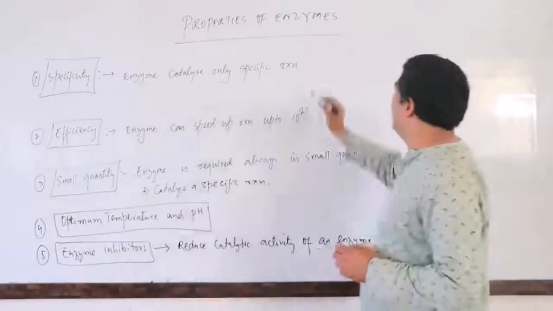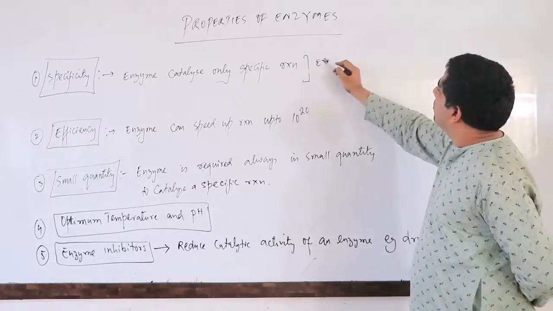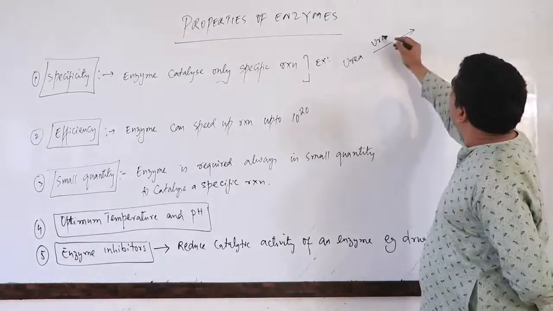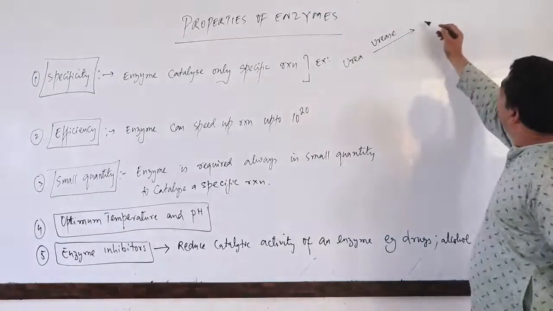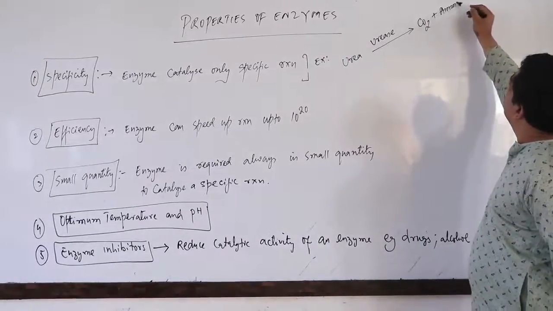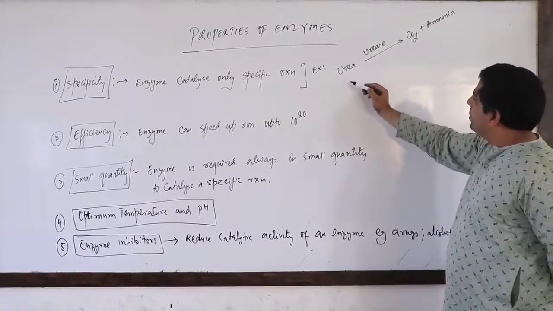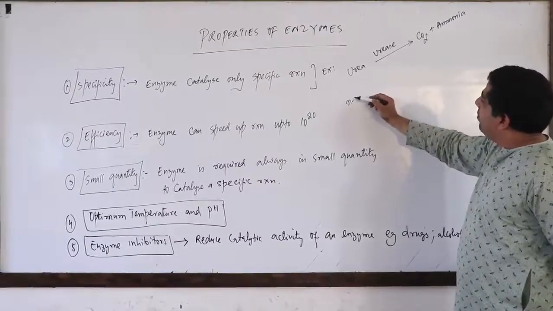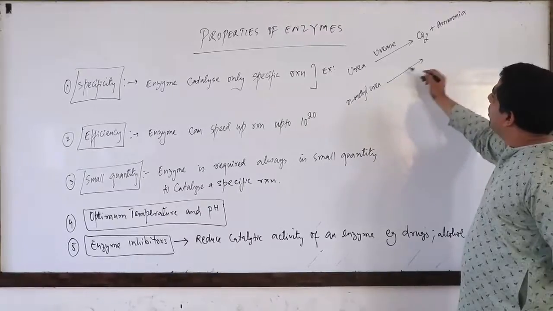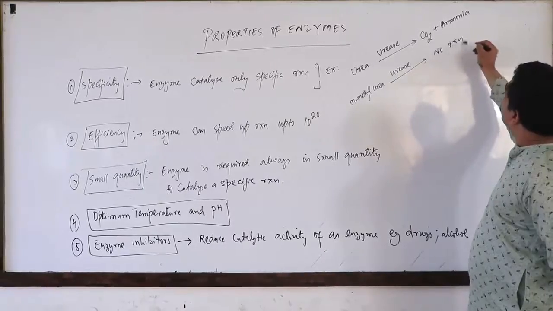Okay, let me give an example for this. Have a look here. If I have urea with me and I am using an enzyme urease, yes, catalysis will happen. I will be getting carbon dioxide and ammonia from urea. But if in place of urea, I take N-methyl urea and use urease enzyme, okay, no reaction. Why?